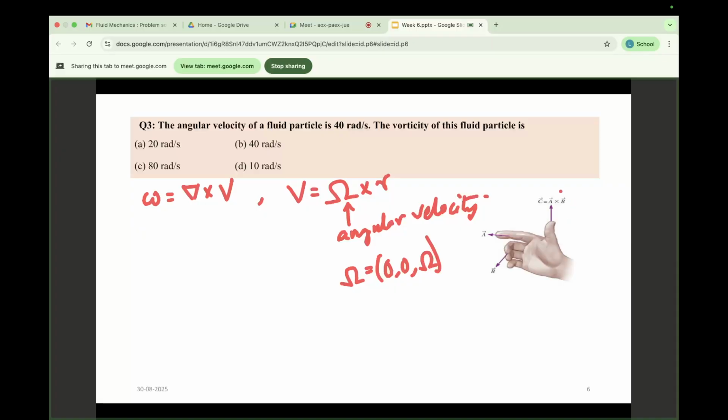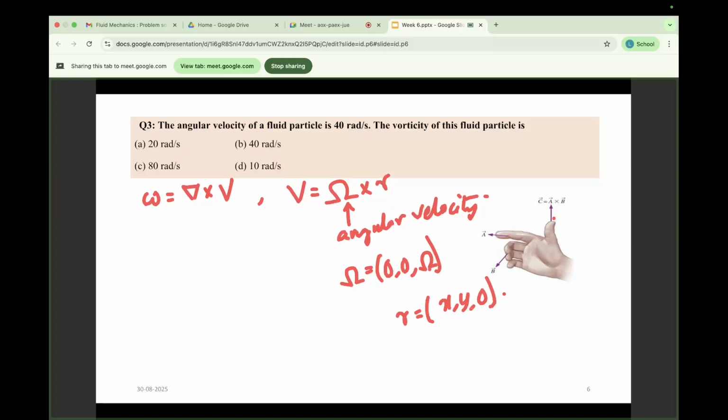If it's an a vector and a b vector, then the cross vector should be perpendicular, right? So for a certain case, I consider this as ohm, and this r vector I don't know, so I consider this r vector in x and y direction. You got it?